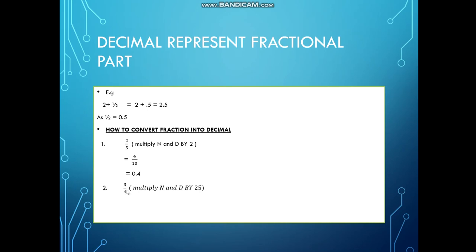But you cannot multiply only the denominator. Equivalent fractions say you have to multiply numerator and denominator both by the same number. So I am multiplying both numerator and denominator by 25. You will get 75 by 100 because 25 threes is 75, 25 fours is 100.